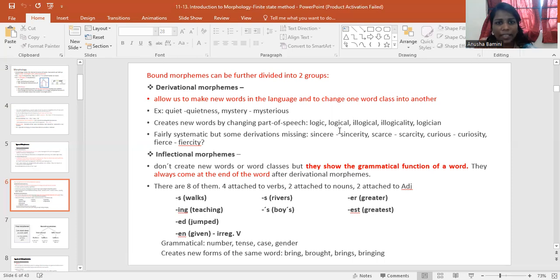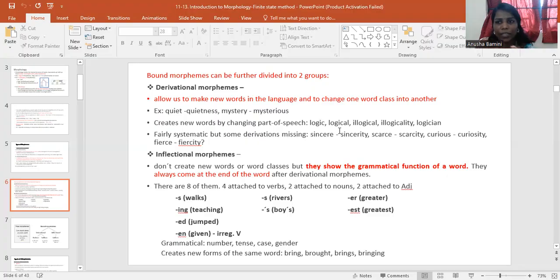Then the second bound morpheme is the inflectional morpheme. Inflectional morphemes don't create a new word or word class, but they show the grammatical function of the word. When I attach some letter or word, some meaning or function is created. Another thing is that these are always added at the end of the stem word.